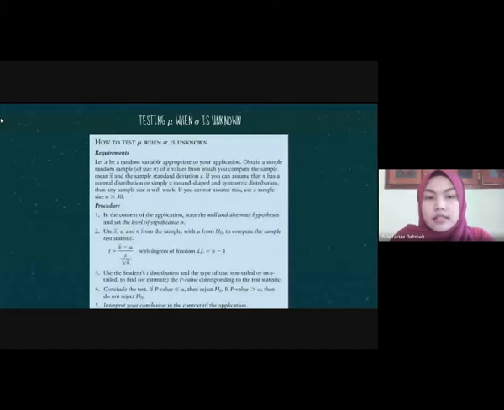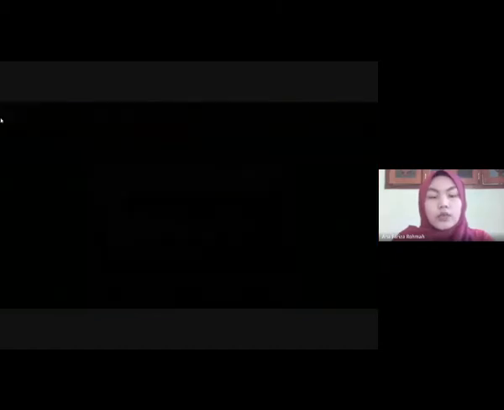The formula is T equals X bar minus mu divided by S over square root of n, with degrees of freedom n minus 1.